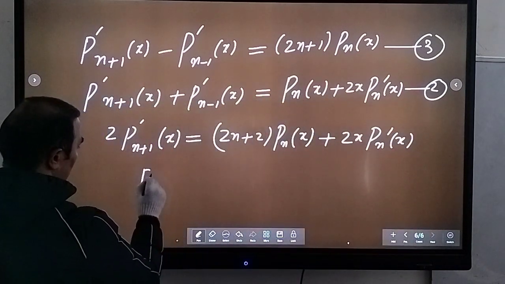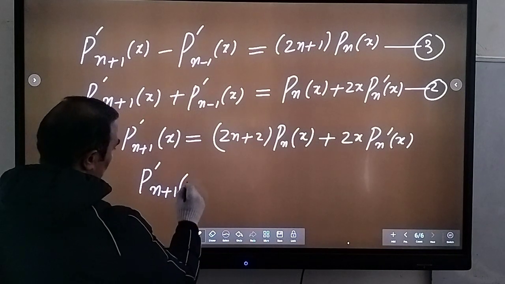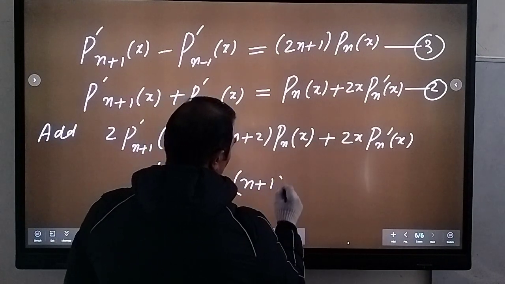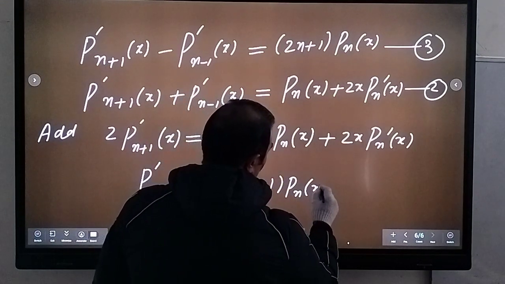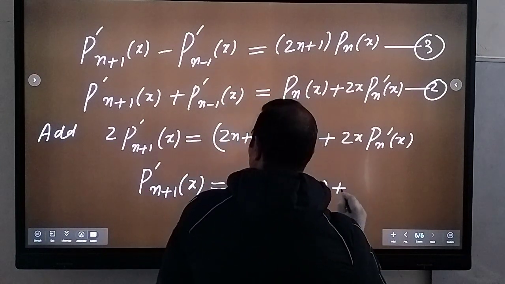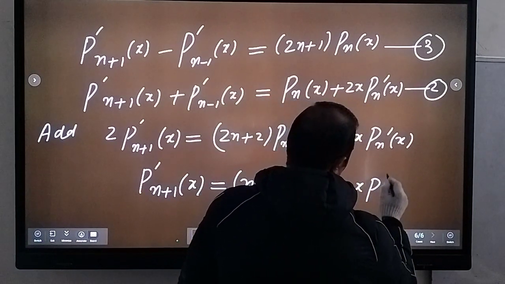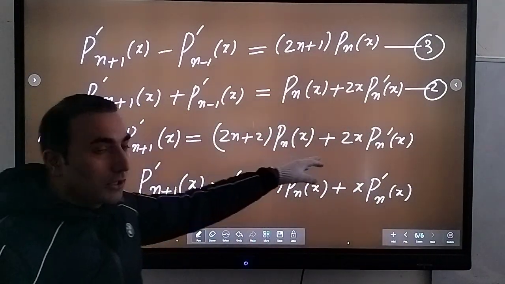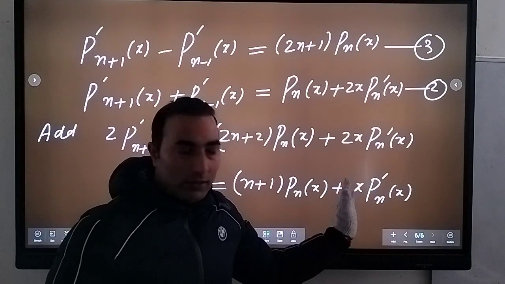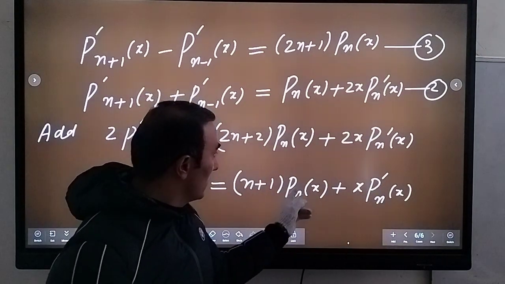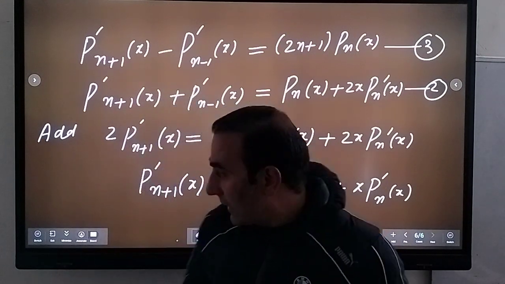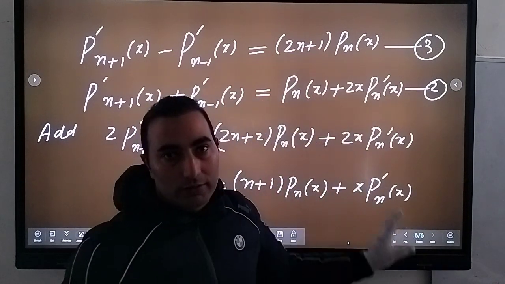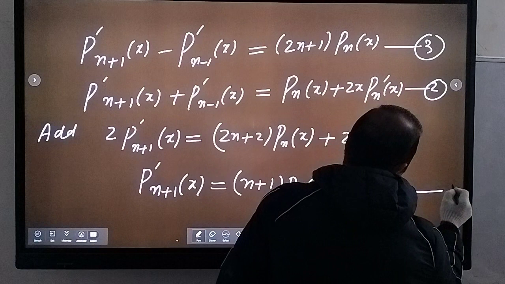Or you can write that. Because you can take that 2 common and that will cancel on both sides. Because you can take that 2 common from here, it will be n plus 1 pn of x plus x pn dash of x. And the right hand side will be p dash of n plus 1, because 2 cancels from both sides, so it will be this term. So this is our fourth recurrence relation.